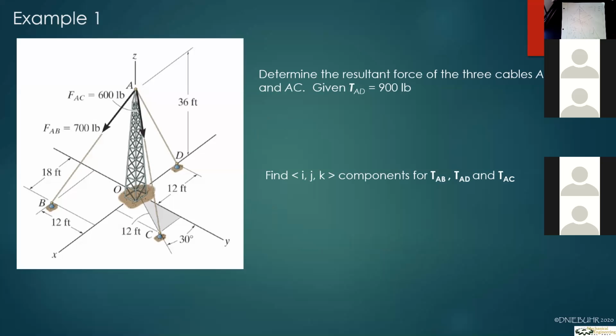I'm not going to do the entire problem, but I'll show you the first one, and if you wanted to, you could do the whole thing. Effectively, you have three forces: a tension in AB, one in AC, and one in AD, and I added the 900 pounds in AD. The question is, what is the total resultant of all of those? If you were to add all three together, what would you have as a resultant?